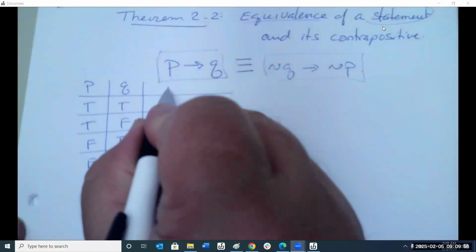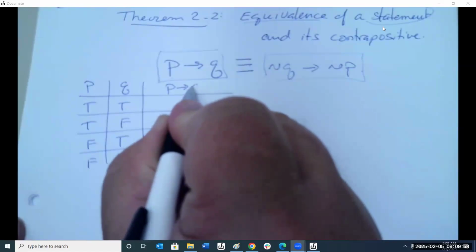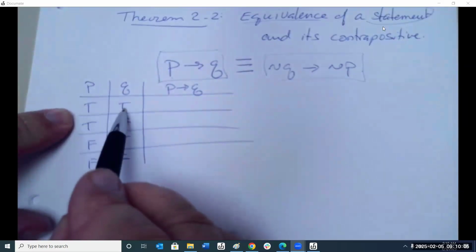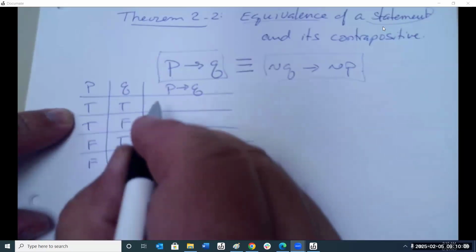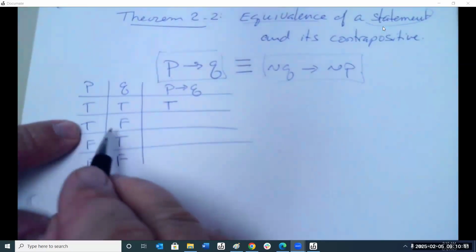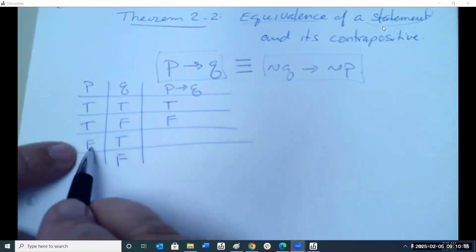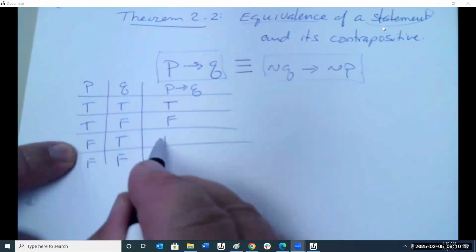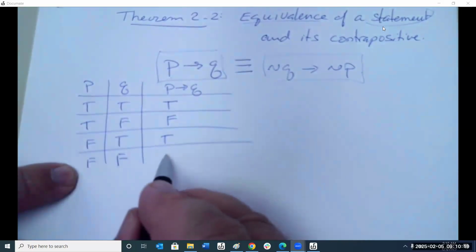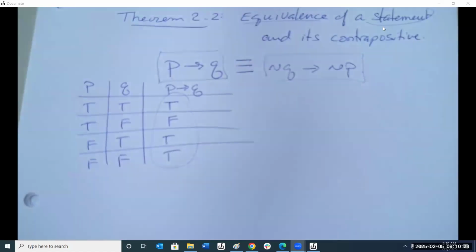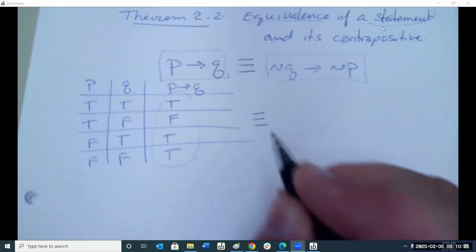Then we have to prove if P, then Q. So true to true, if T, then T, that's T. If T, then F, F. If F, then T, T. If F, then F, very good. So these are my answers. I'm hoping that the other side is going to be the same.